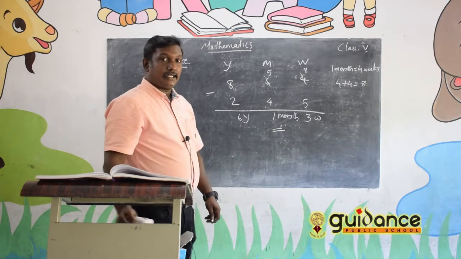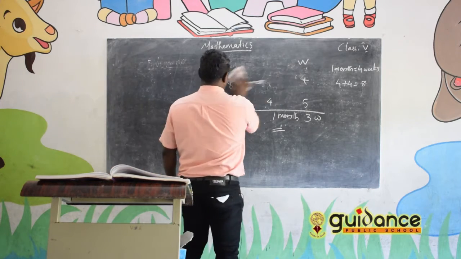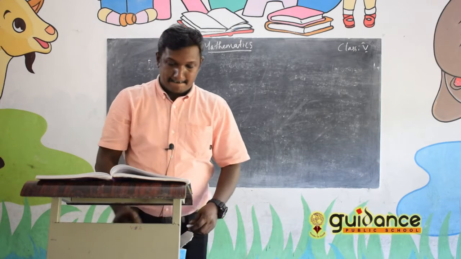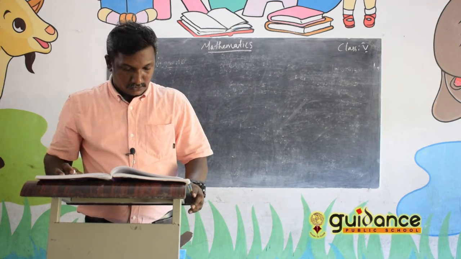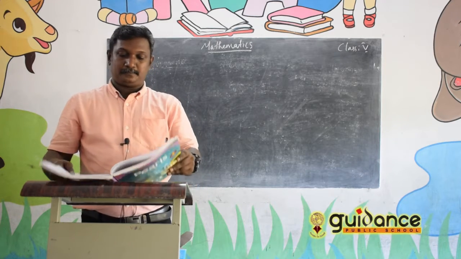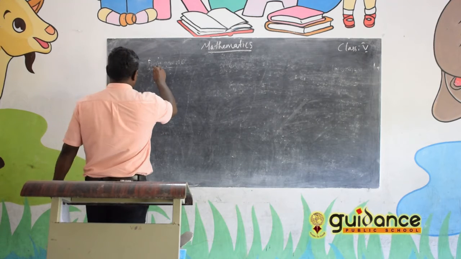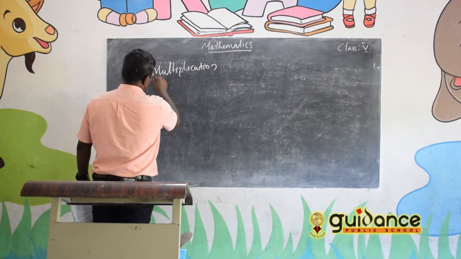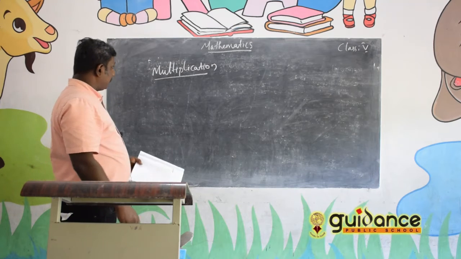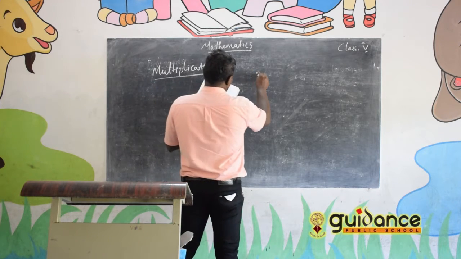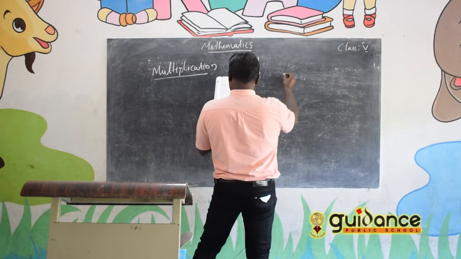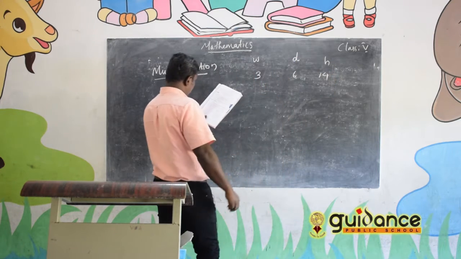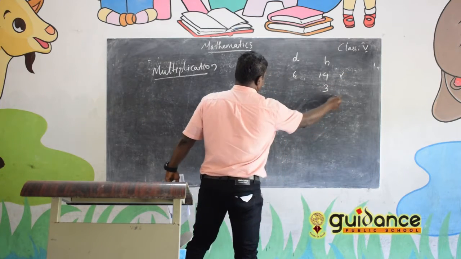Now we can see multiplication. First question: 3 weeks, 6 days and 14 hours, multiplied by 3.